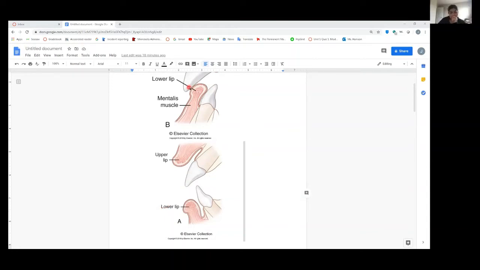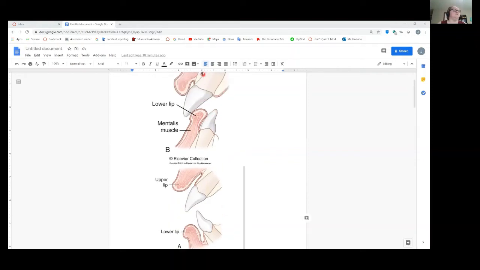All right. And then here, it's kind of hard to tell, but this is going to be our retrusion. See how this tooth is going in, and I can't, well, maybe I can, oh, I can scroll up. This is a little closer, but what you're seeing here is that the lip is coming in between there.